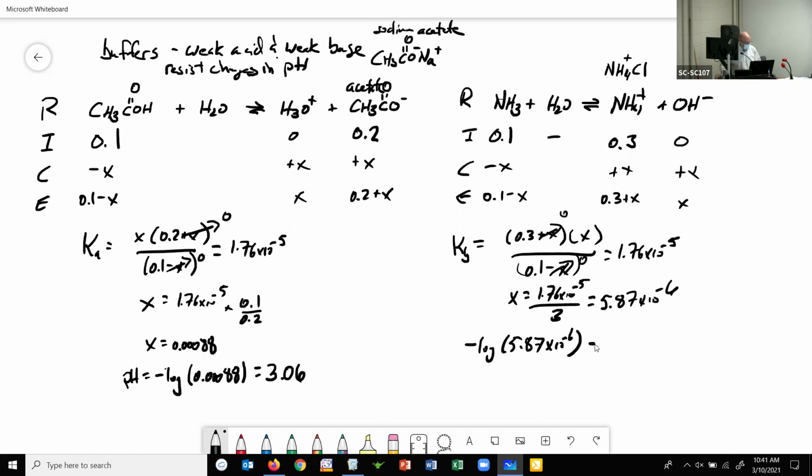I get 5.23. But remember, that's the pOH because it's describing the hydroxide concentration. pH plus pOH equals 14. This is 5.23, so this has got to be 9.6.